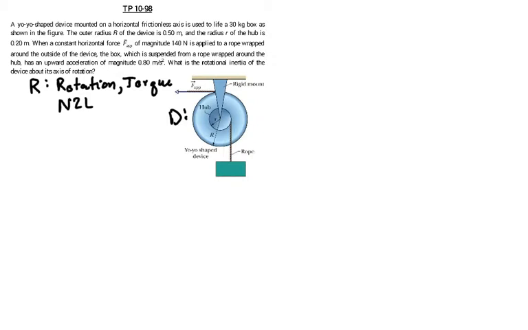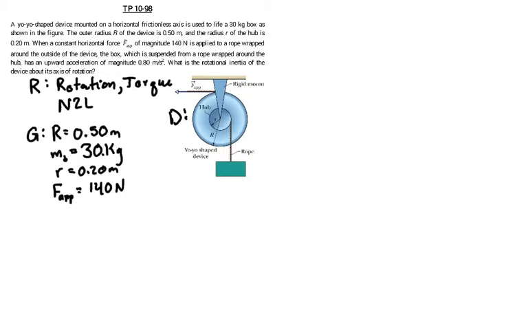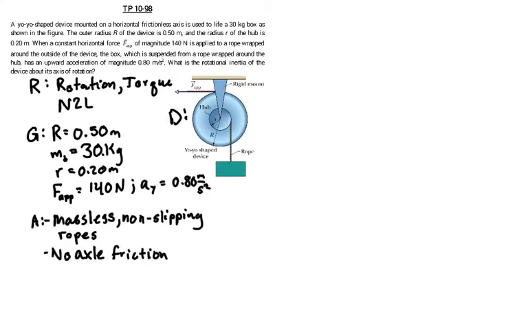Alright, so given is what we have shown. Now for our assumptions, we have to assume that we have massless ropes, otherwise we would have to take into account the mass of our rope here, and the fact that they are non-slipping ropes. That's to ensure that as we pull here, we get the same amount of angular displacement to support the amount of linear displacement of our rope.